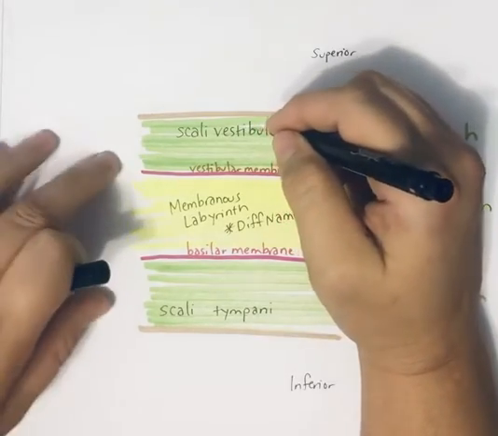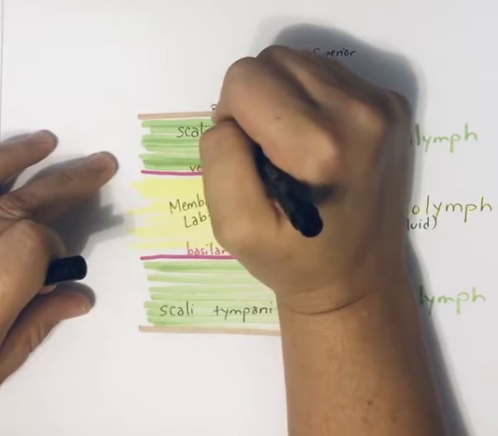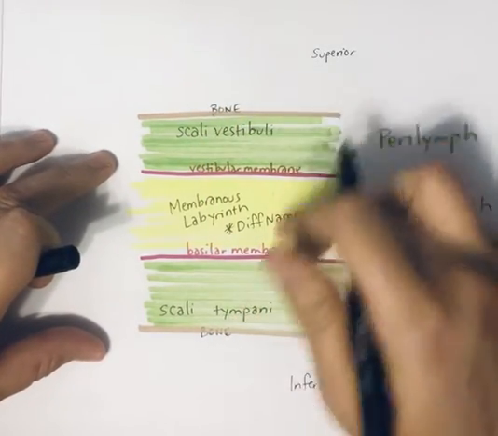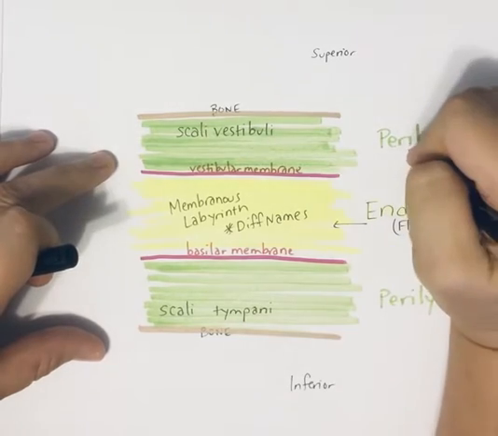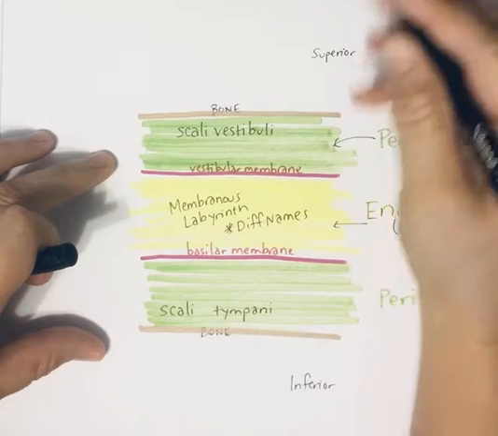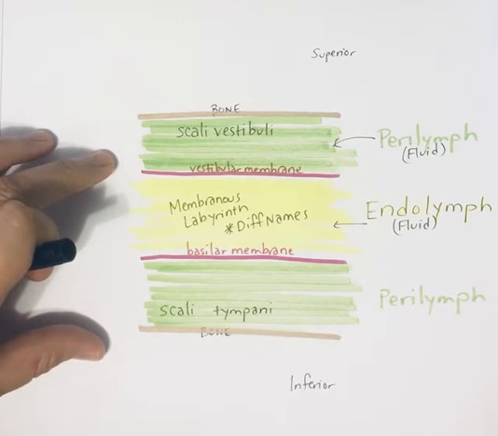Now, your scala vestibuli is created by bone on the outside. The scala tympani has bone on the outside, so it's 3 chambers. Perilymph is the name of the fluid inside of the osseous labyrinth.